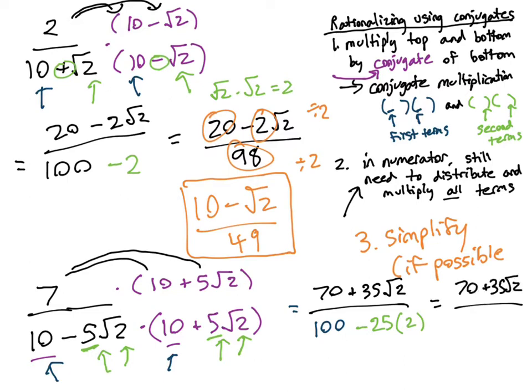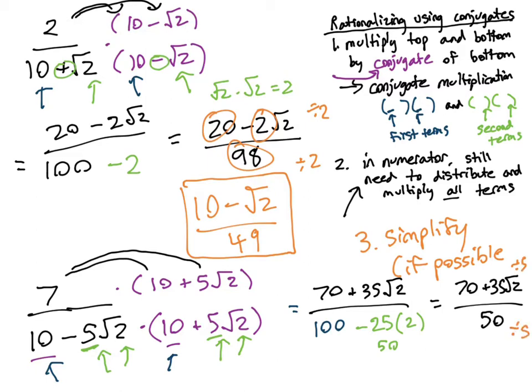If we subtract those terms in our denominator, well, 25 times 2 is the same as 50, and 100 minus 50 is equal to 50. So we can also simplify our final answer here. Every factor in the numerator and denominator is divisible by 5.